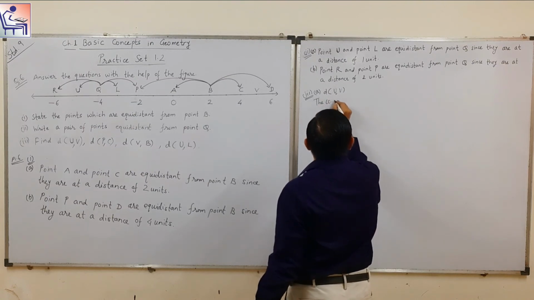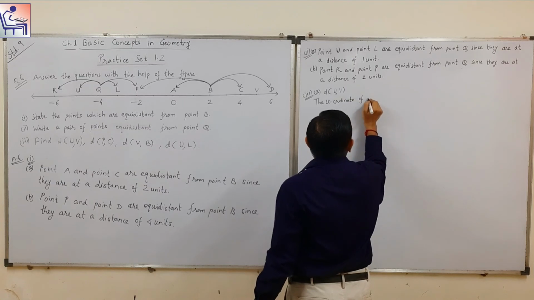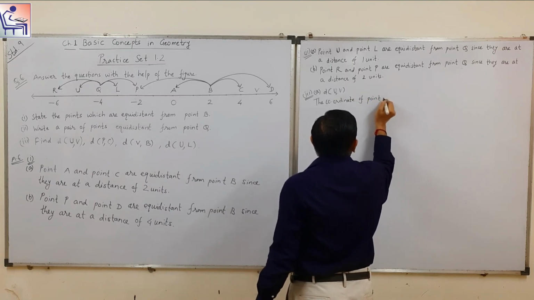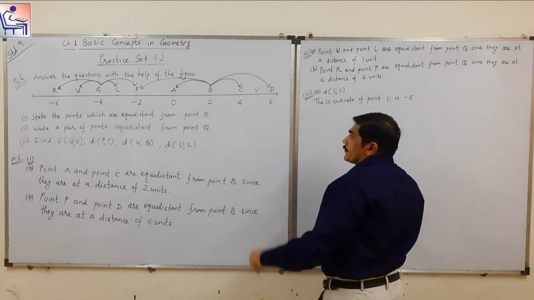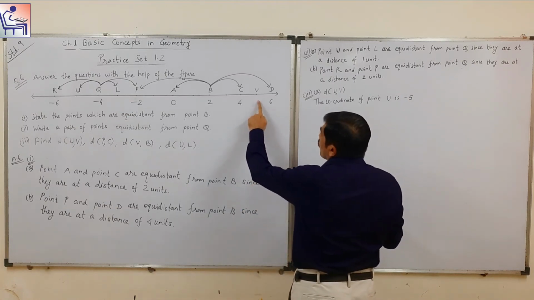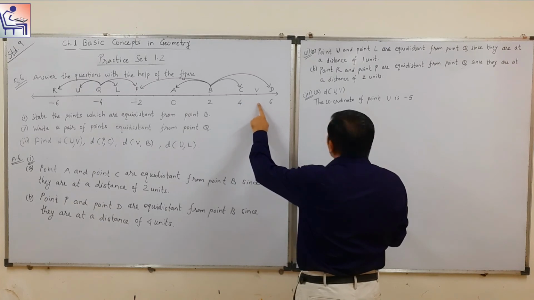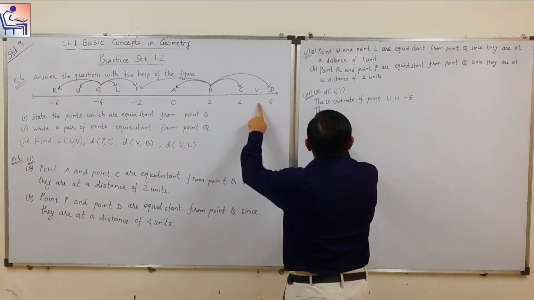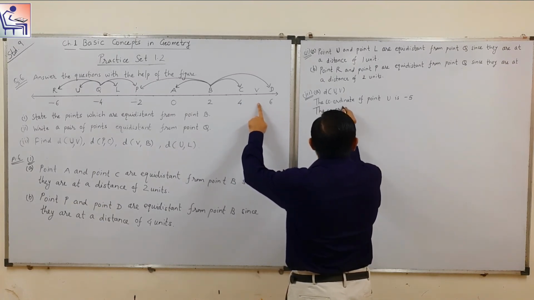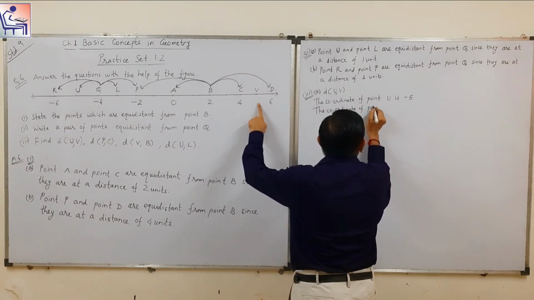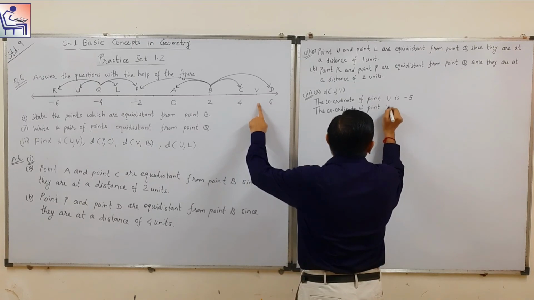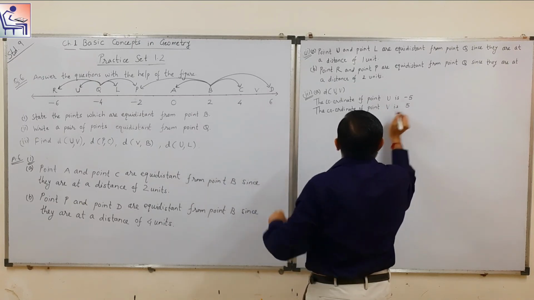The coordinate of point U is -5 and the coordinate of point V. So after 4, 5 will come. The coordinate of point V is 5.